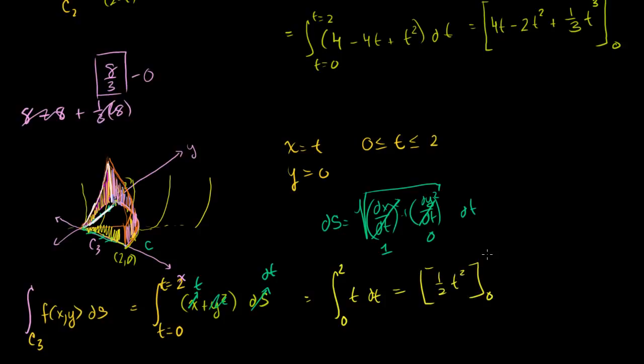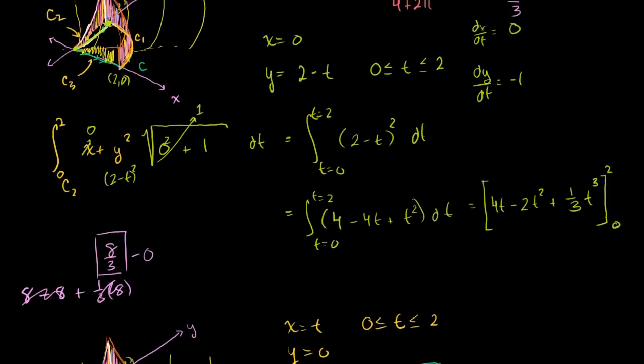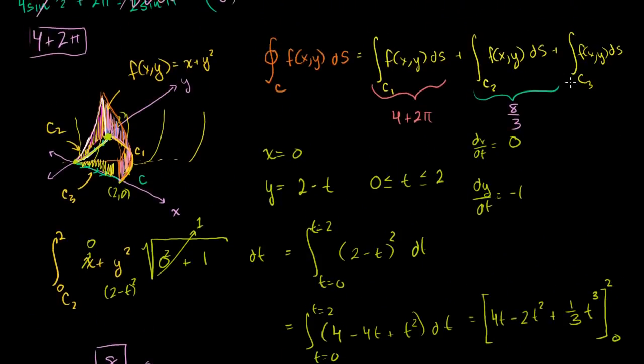And we're going to go 0 to 2, which is equal to 1/2 times 2 squared. 2 squared is 4, times 1/2 is 2. And then minus 1/2 times 0 squared, minus 0. So this third wall's area right there is just 2.